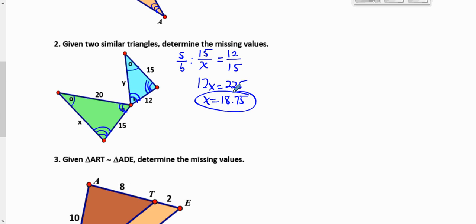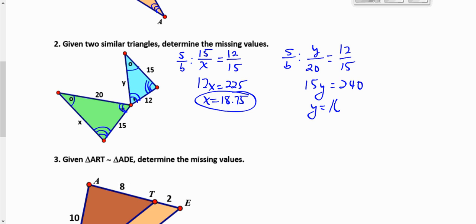So for y, I'll do small over big again. Whatever, it doesn't really matter. I got 16. So that is 16. Y over 20. And I'll do 12 over 15 again. 15y equals 240. So y equals 16. Okay?